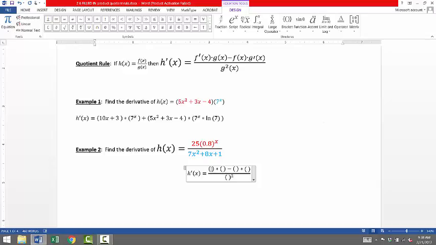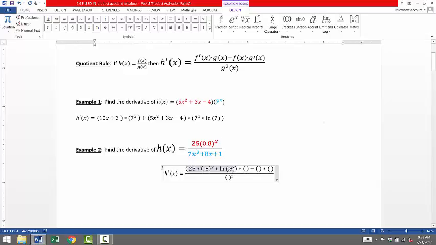That is an exponential function. It's got 25 as a constant out front. The function 0.8 to the x, that's exponential. Its derivative is itself, 0.8 to the x, and you have to multiply times ln of the base, so ln of 0.8.